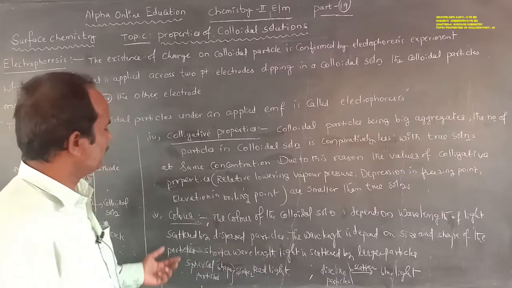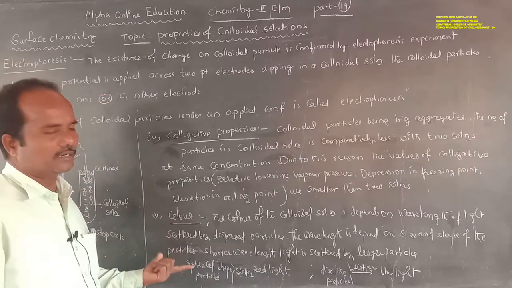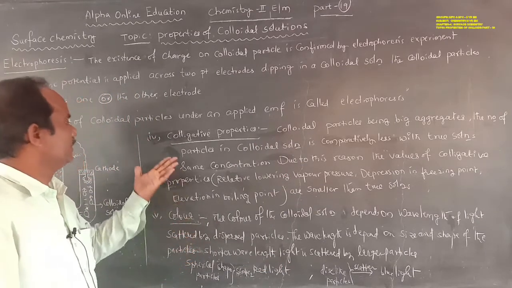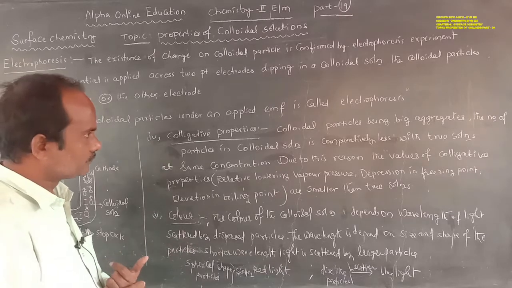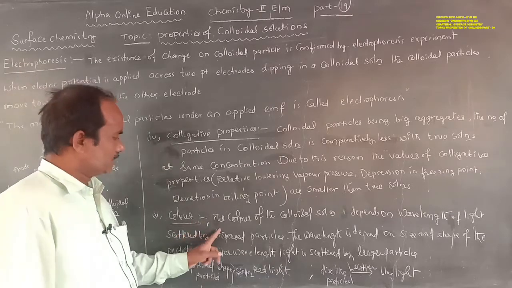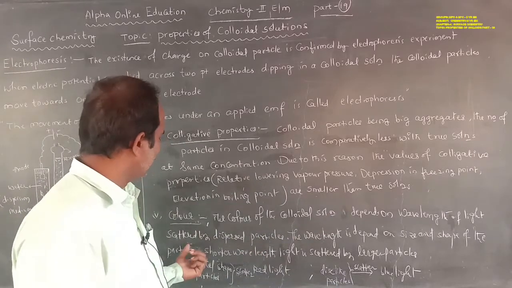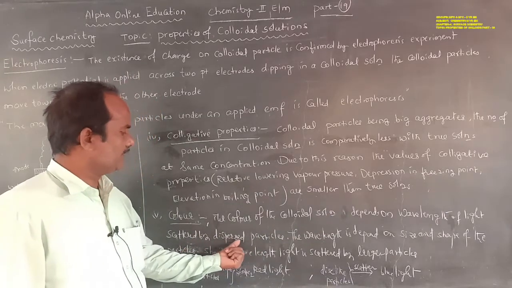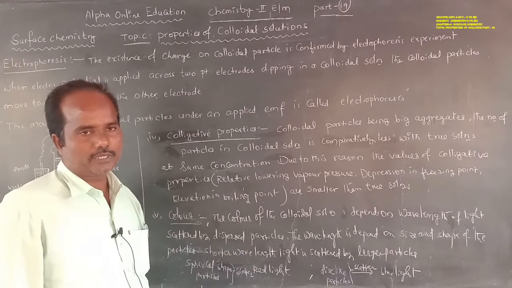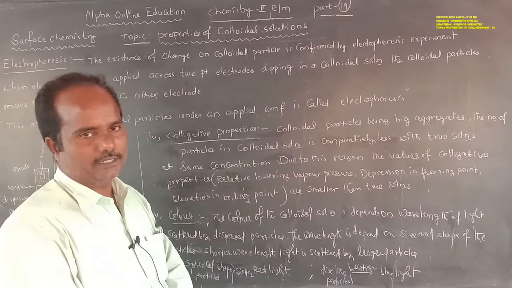Then another property of colloidal solutions is color. The color of the colloidal solution depends upon the wavelength of light scattered by the dispersed particles.